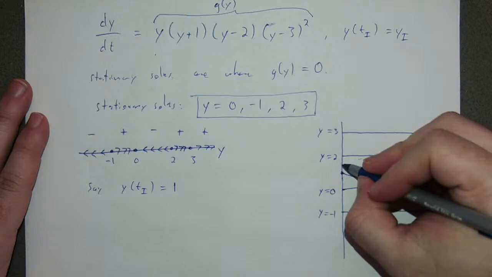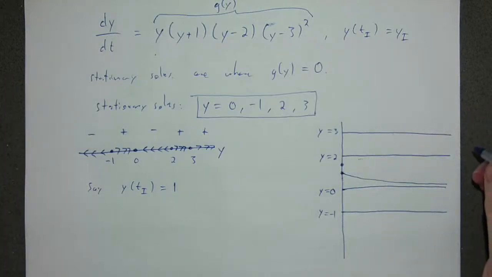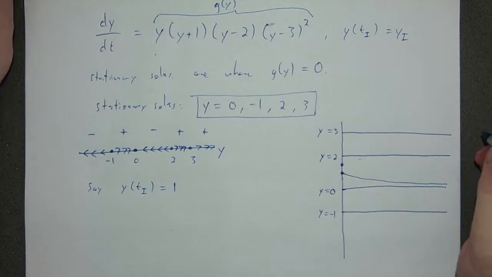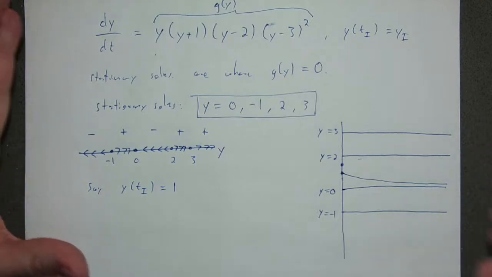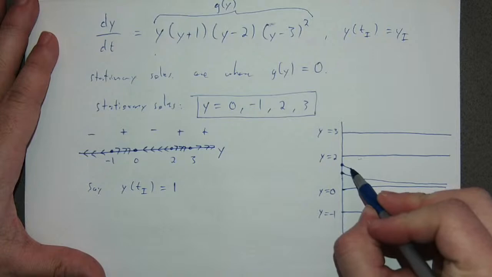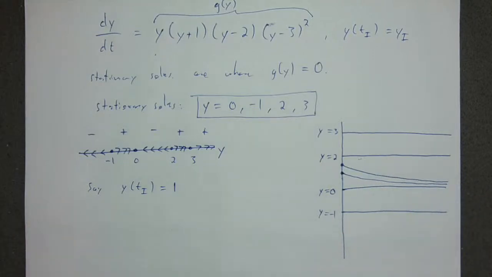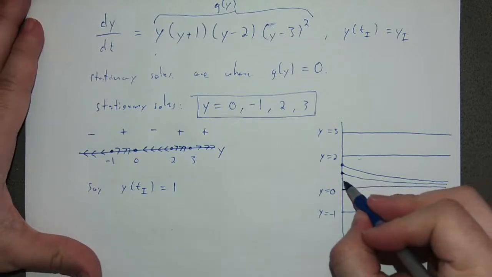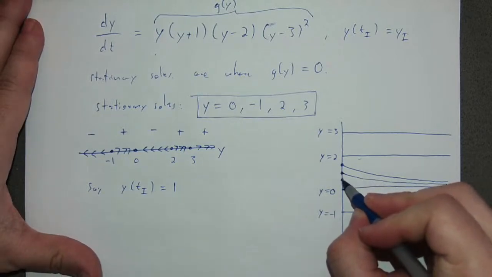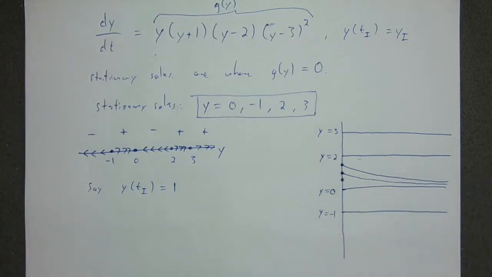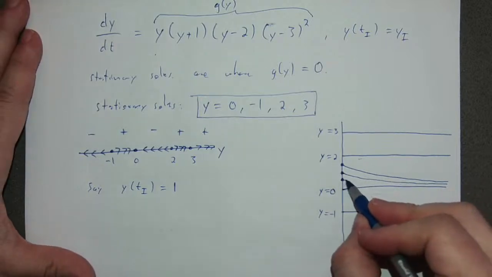If my initial value was something like that, maybe it was like 1.5 instead, then maybe it does something like this. If my initial value was, say, here, maybe it does something like this.